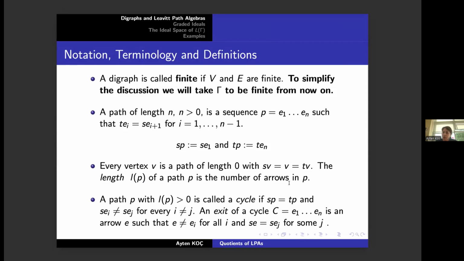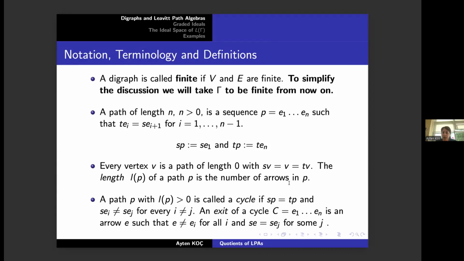S(P), the source of the path P, is the source of the initial arrow, and T(P), the target of P, is the target of the final arrow. Every vertex V is a path of length 0, whose source and target is V.